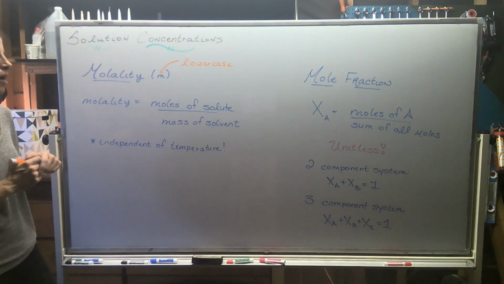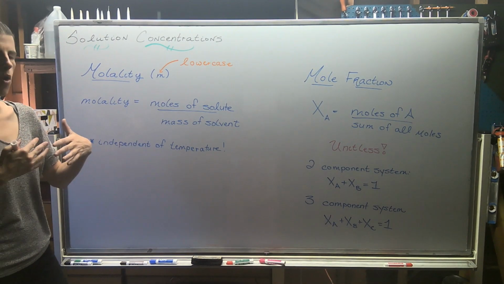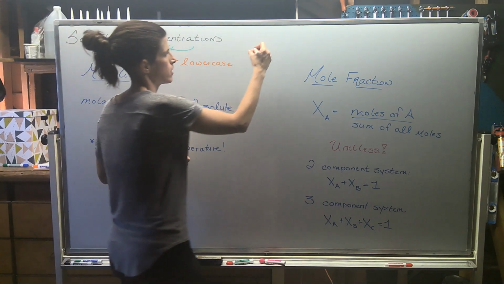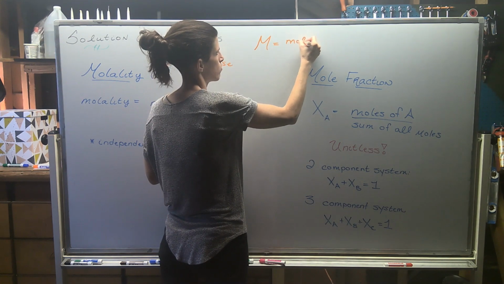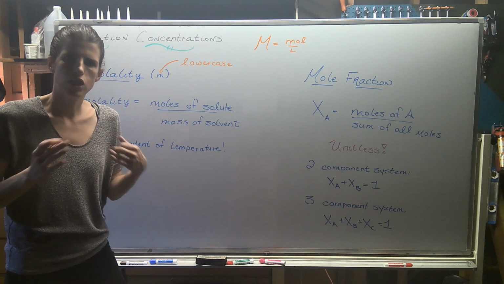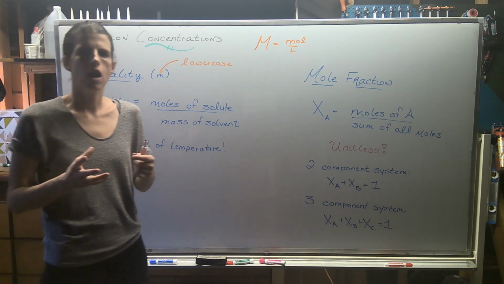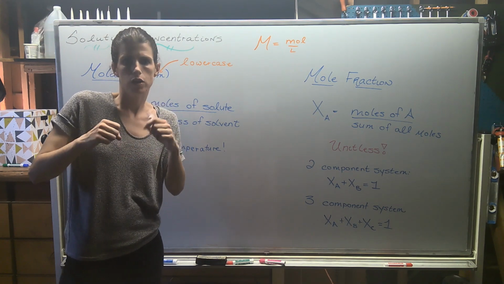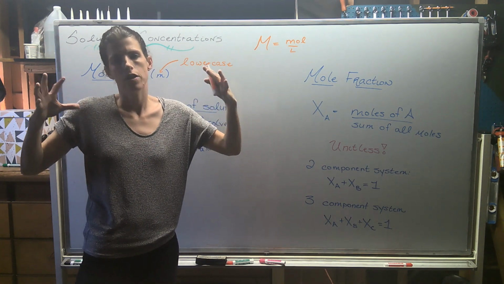So the issue becomes if we're studying a solution or a system over a dramatic temperature change. Molarity with the capital M is moles per liter. But volume changes when temperature changes, right? If I start heating up some water, then those molecules of water are going to escape, and we're going to get higher and higher volume.